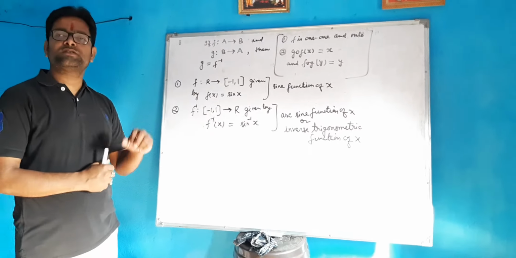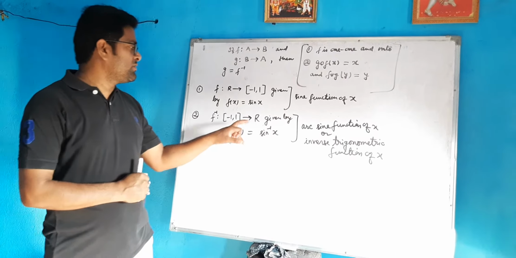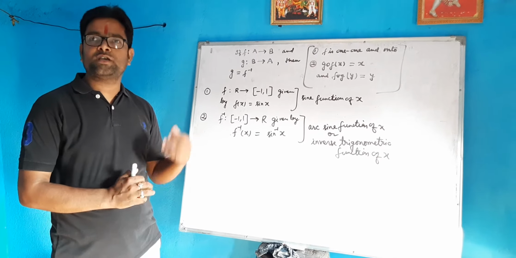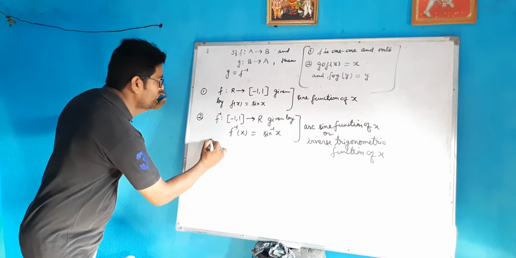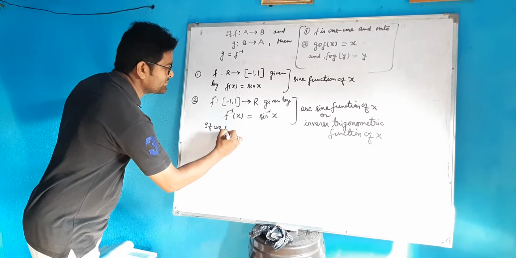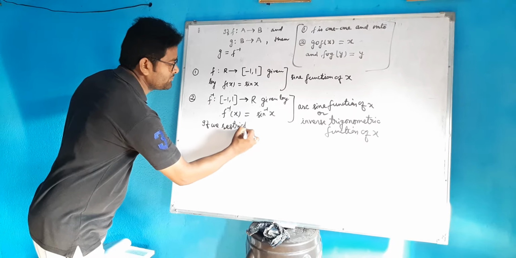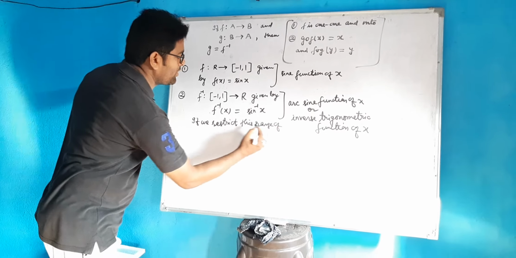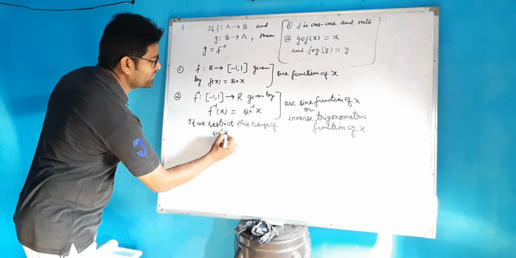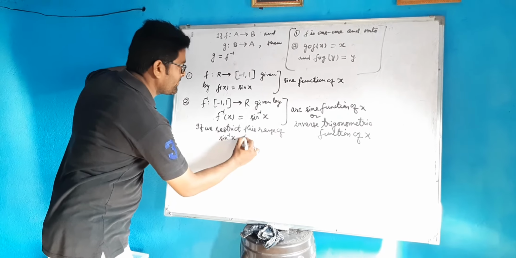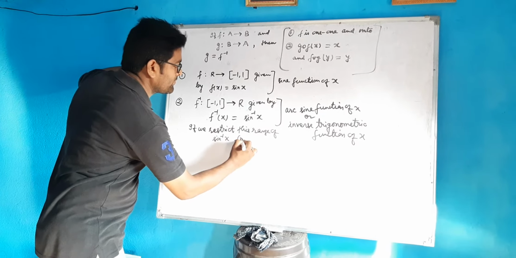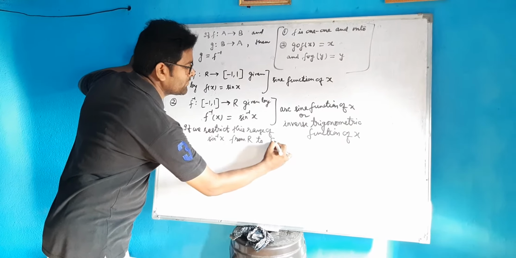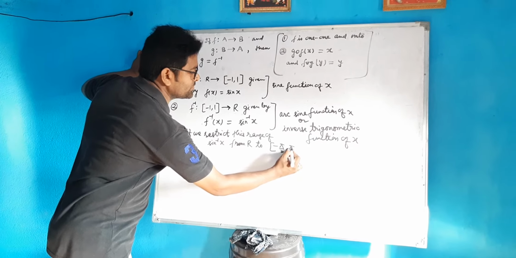Now we will restrict this codomain or range. We will restrict this range to define the inverse trigonometric function in a better way. So we restrict the range of the sine inverse function of x from R to minus pi by 2 to pi by 2.